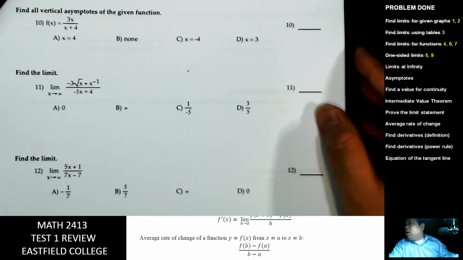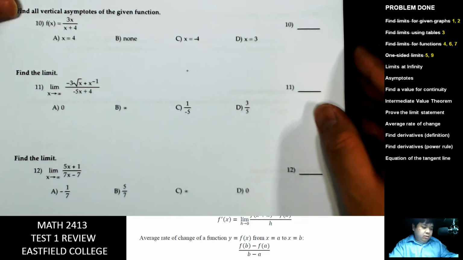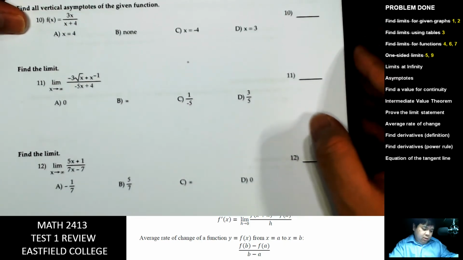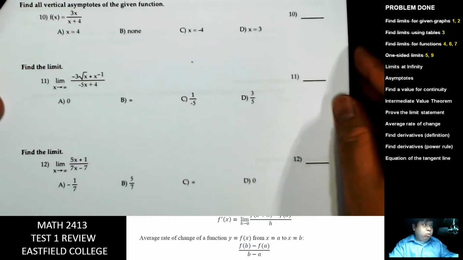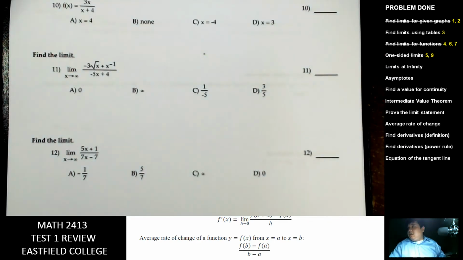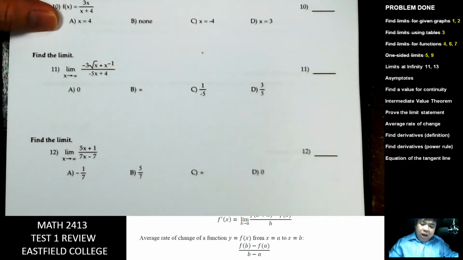Right, next. Limits at infinity. Right. So I will look at 11 and 13. So 11.